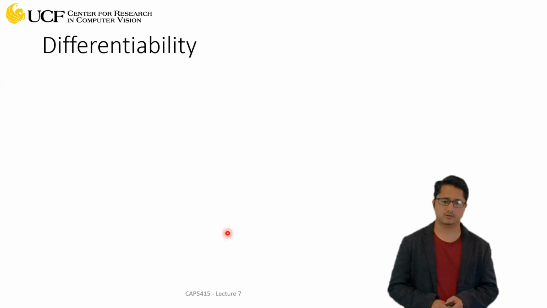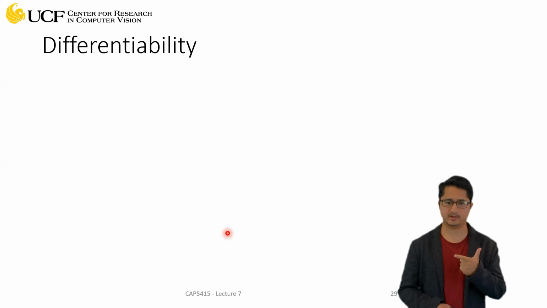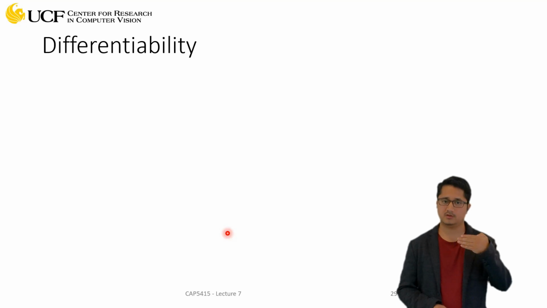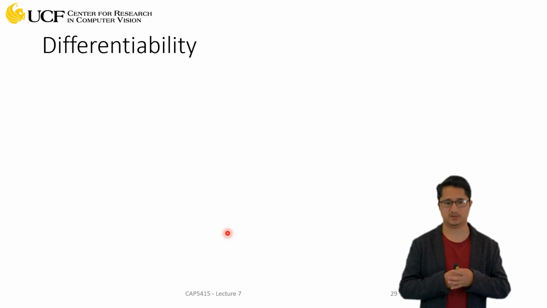To be able to do so, we were using that simple equation, which is one step of gradient descent. To make that one step, we need to compute the gradient, which means that whatever functions you have in your network, you should be able to find the derivative of those functions.